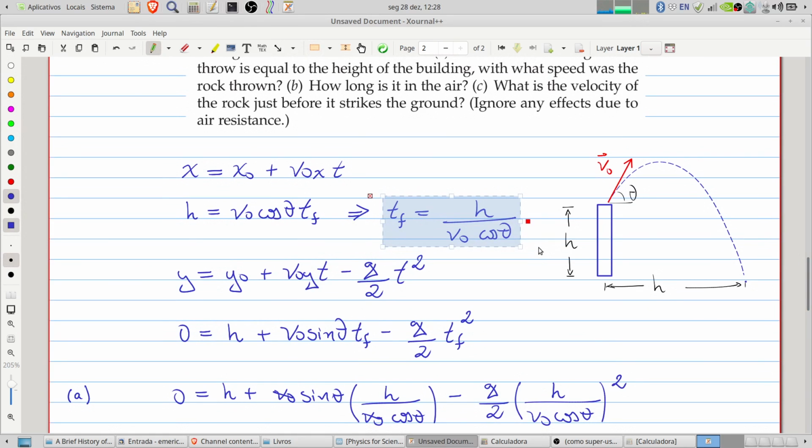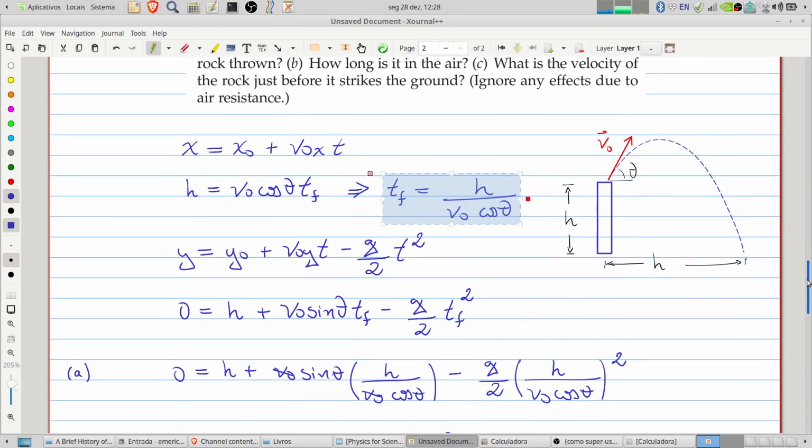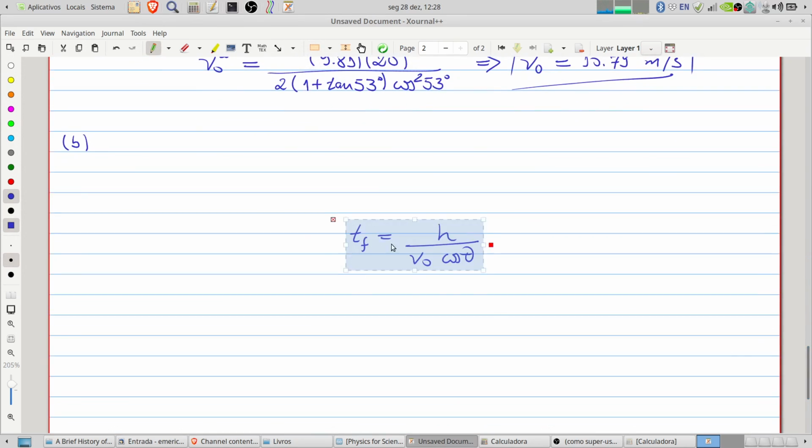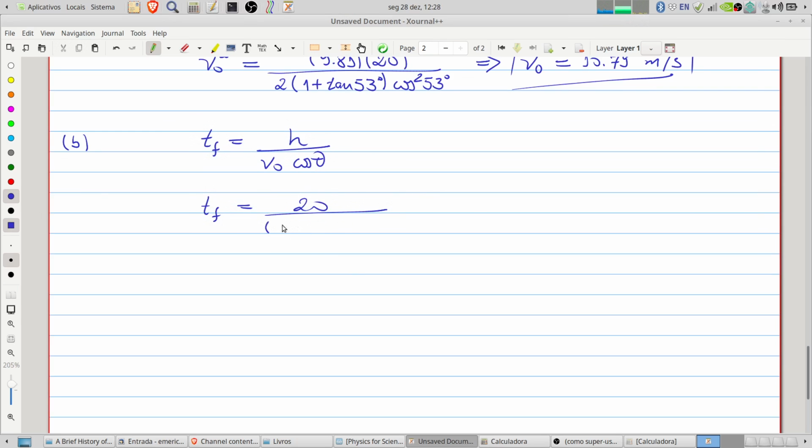So the total time in the air will be 20 meters divided by 10.79 multiplied by cosine of 53 degrees.